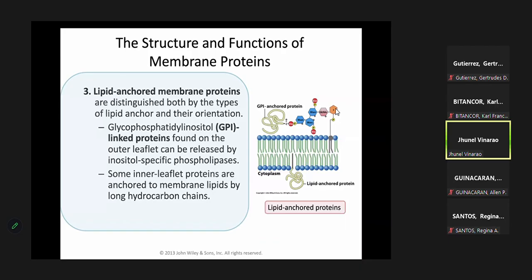When we go to cell communication, we will encounter a lot of proteins that are mentioned repeatedly, like GPCRs, or G-protein coupled receptors, and this GPI, glycosylphosphatidylinositol.